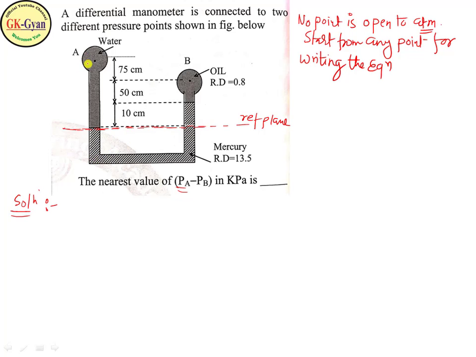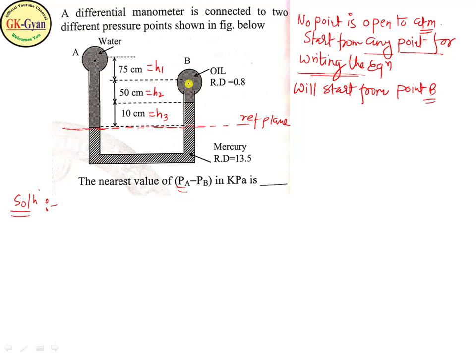Here, notice that no point is open to atmosphere. So start from any point for writing the equation, as no point is open to atmosphere. So we will start from point B. Take the heights as h1, this will be h2 and this will be h3 for our reference purpose.